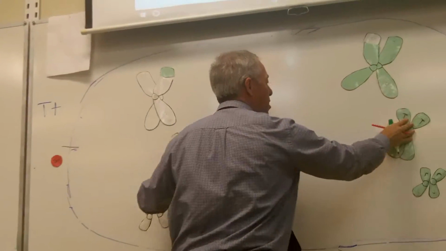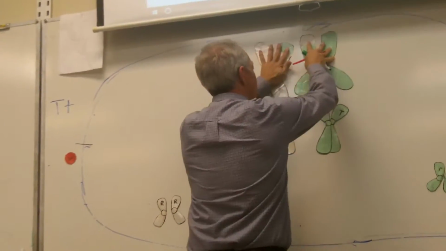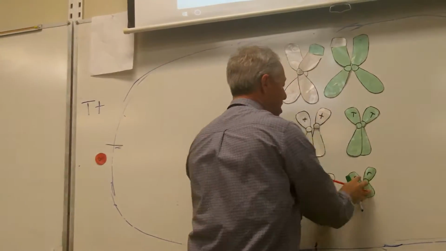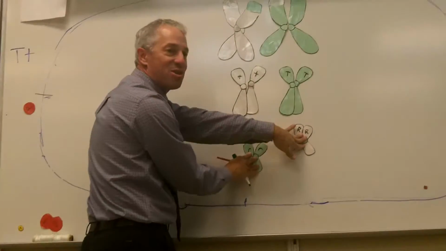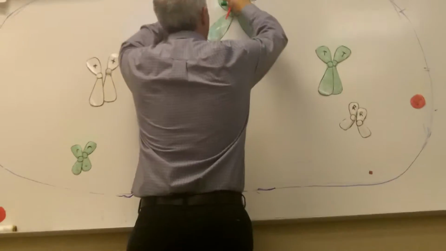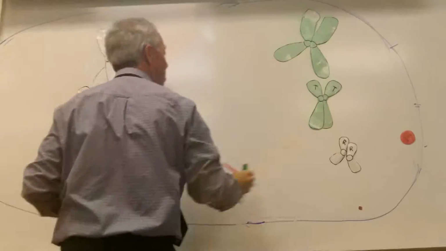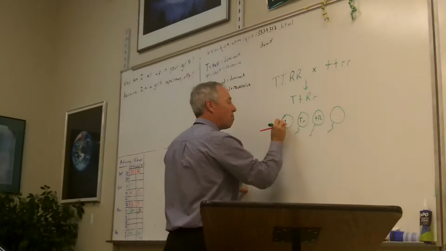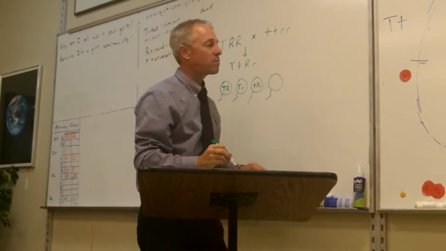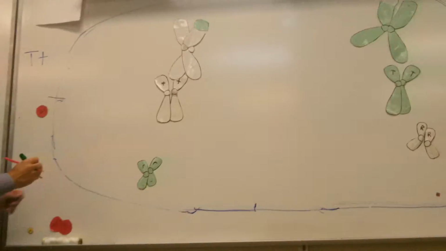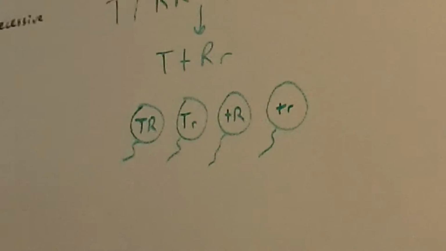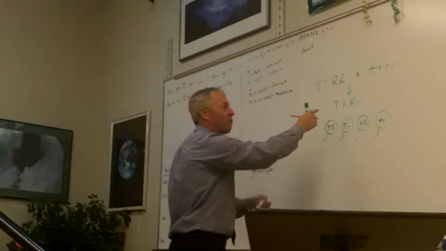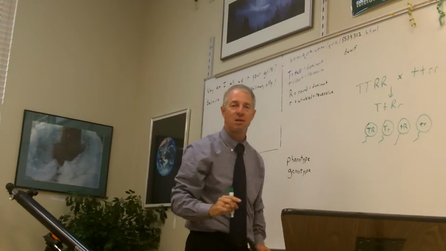Do y'all remember when we line these things up in meiosis? Do y'all remember they could switch like that? Remember what we called that? Independent assortment? And then go to opposite sides? And then you would end up with a big T, big R sperm, a big T, little r sperm, and a little t, little r sperm.